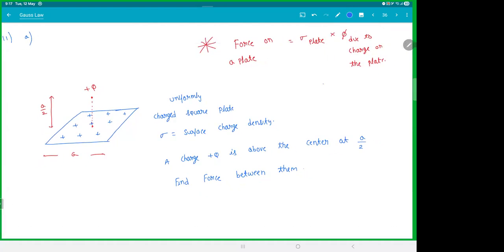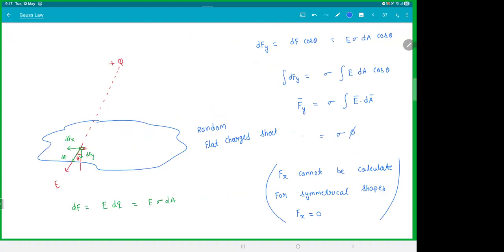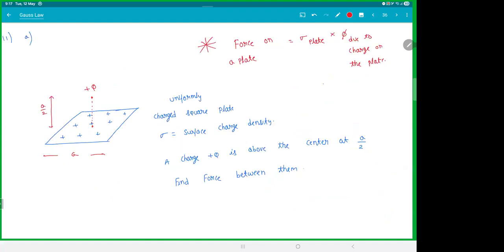There, that's your formula, everyone. There we derived it. So the vertical component of force would be sigma into flux. Making sense? Remember, valid only for flat surfaces. If it is a curved surface, it doesn't work.